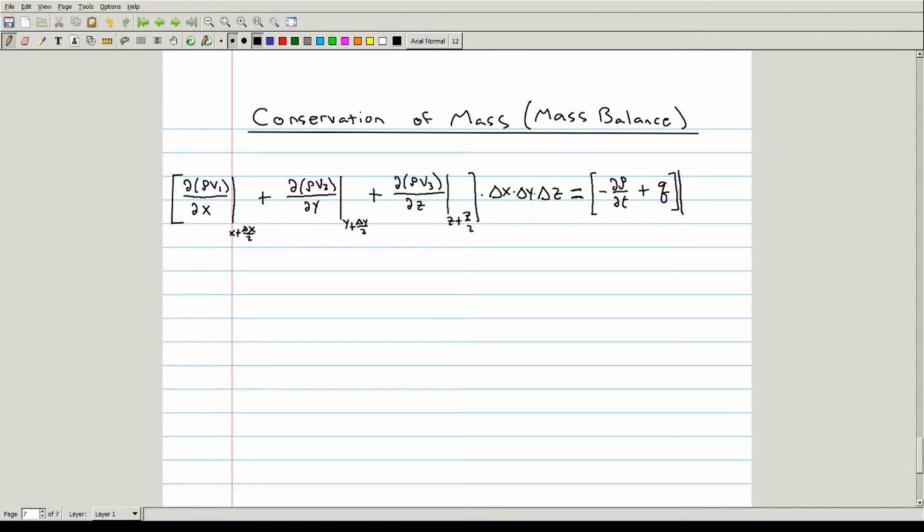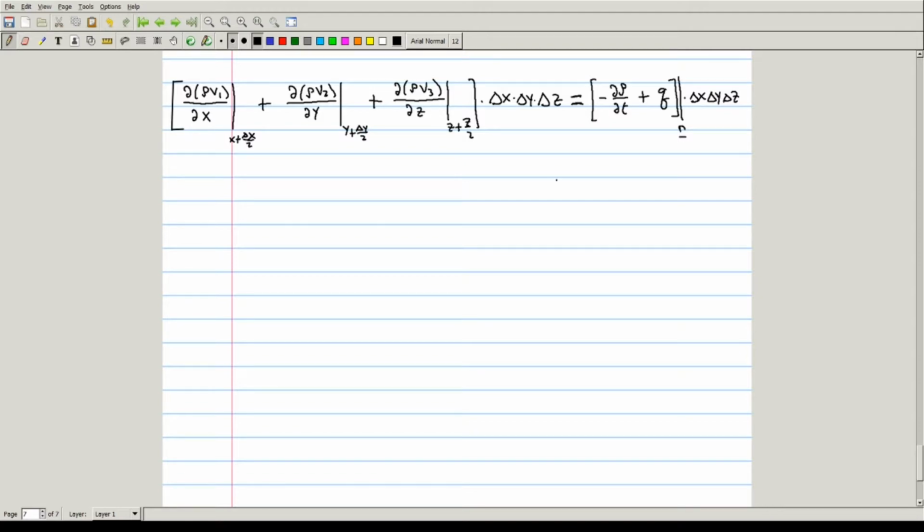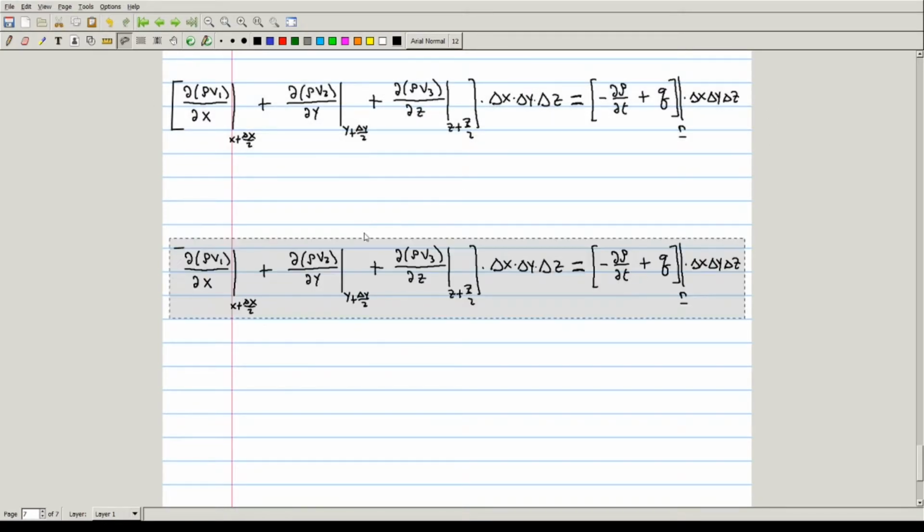All of this is evaluated at the point R, and this has been multiplied by delta x, delta y, delta z. And what we have is that, first off, the volume, delta x, delta y, delta z, ends up dividing out. So we have a nice simplification here.